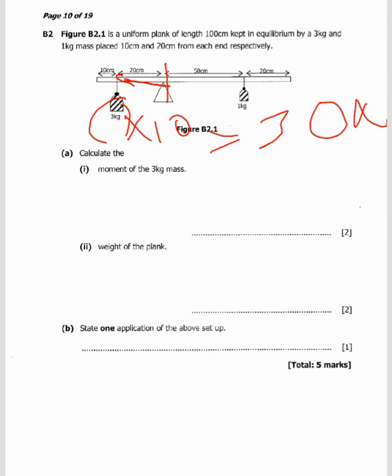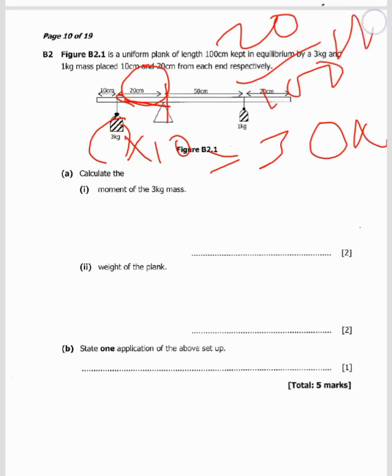Now when you look at the distance there, it is 20 centimeters. Our distance must be in meters. Therefore, to change that 20 centimeters into meters, we just divide 20 by 100. We're looking at the conversion units where 1 meter is equivalent to 100 centimeters.